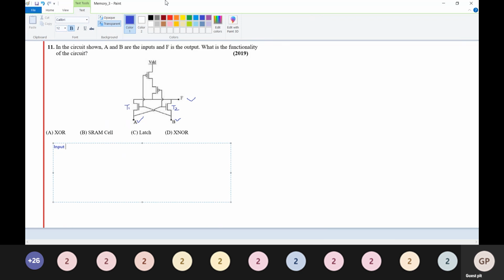Input B is connected to the NMOS transistor, which I mention as T1.